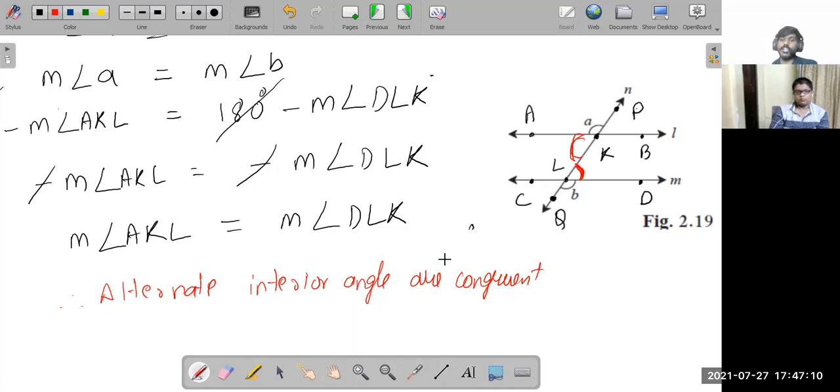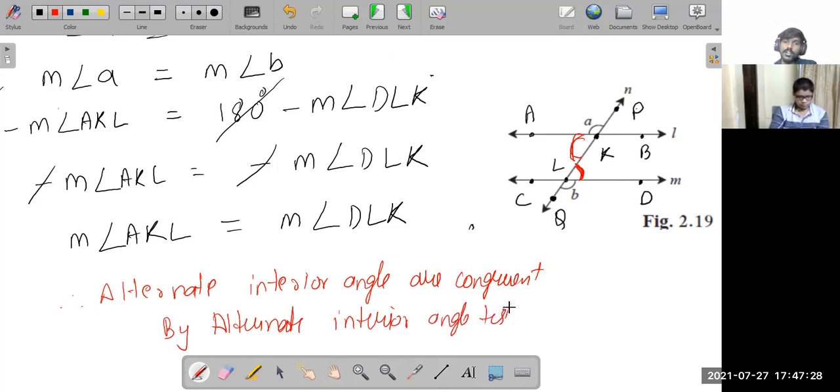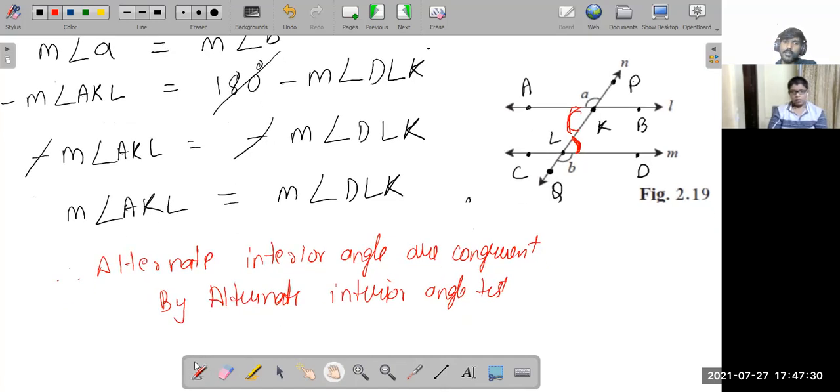So since the alternate interior angles are congruent, what can we conclude by the alternate interior angle test? By alternate interior angle test, line L is parallel to line M. Is this clear?